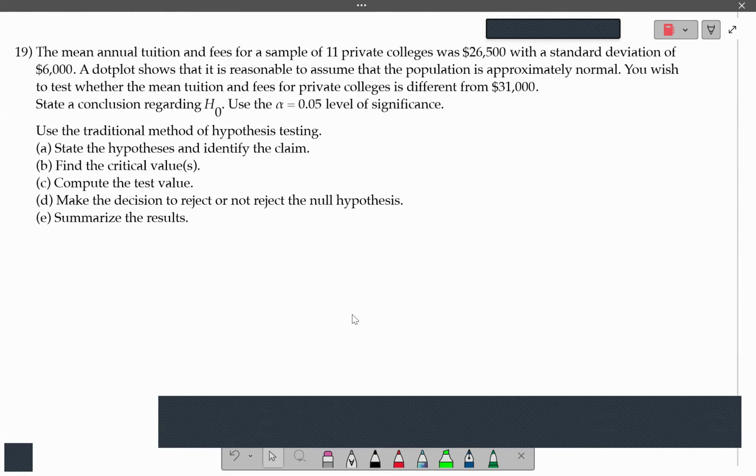So you have a sample of 11 private colleges, and the mean was 26,500. That's the tuition, right? Standard deviation is $6,000. So before continuing, what do you want to identify? Again, it's the same issue: T table versus Z table.